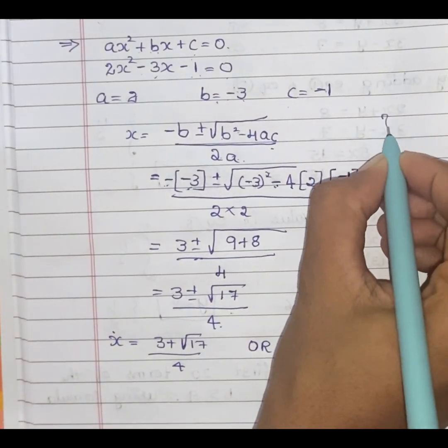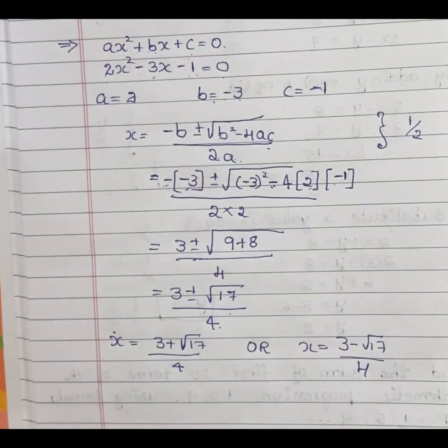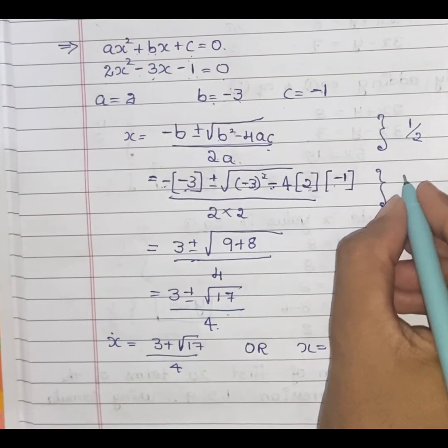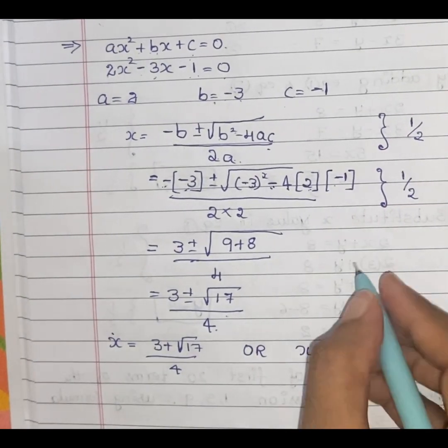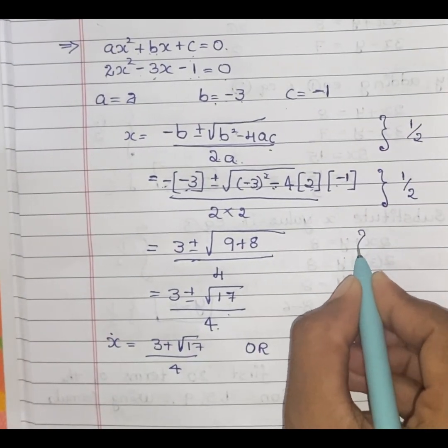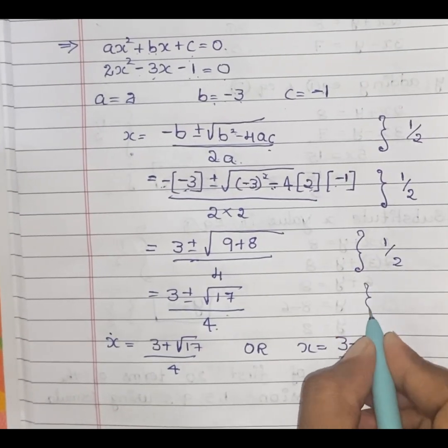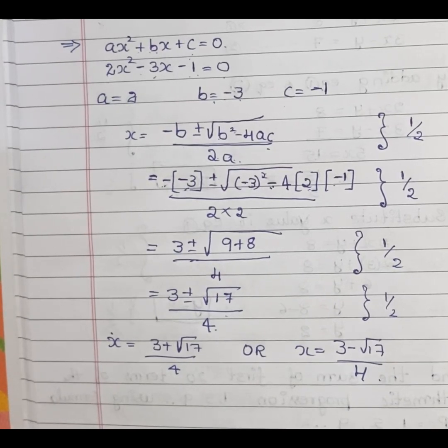If you write this formula, you get half a mark here. If you replace the formula with the given values, you get half a mark. For the simplified steps, you get half a mark, and for the final answer you get half a mark.